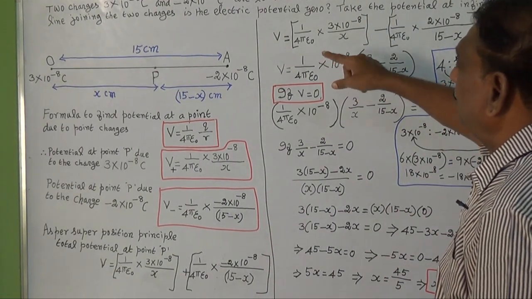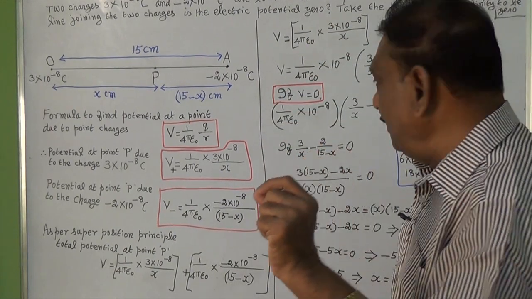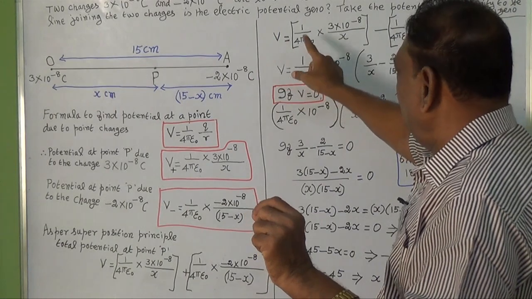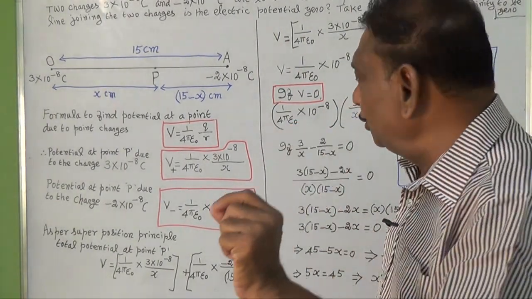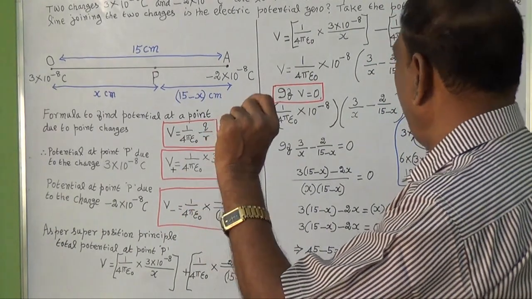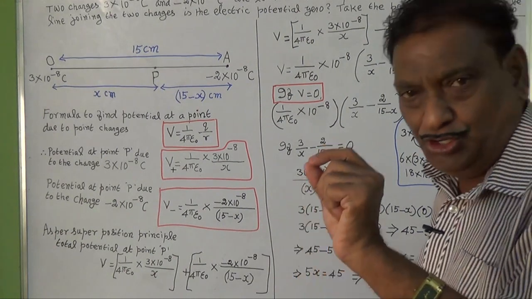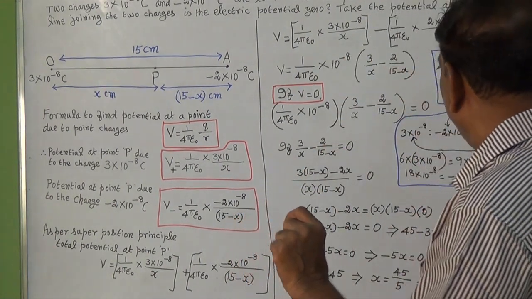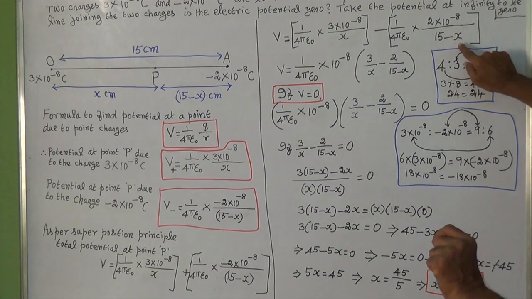Hence, the total potential V equal to 1 by 4 pi epsilon naught into 3 into 10 to the power of minus 8 by X minus 1 by 4 pi epsilon naught into 2 into 10 to the power of minus 8 by 15 minus X.